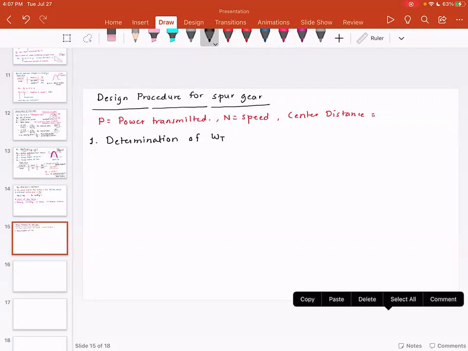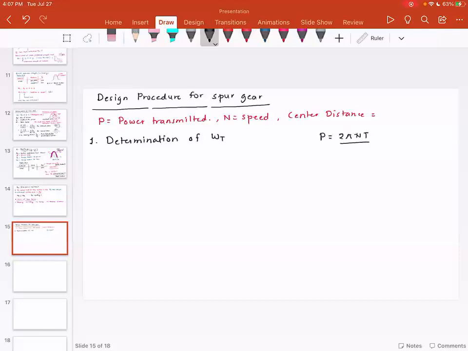If you look at the equation for power, P is equal to 2 pi NT divided by 60, where P is the power in watts, T is the torque in Newton meter, and N is the speed in RPM.